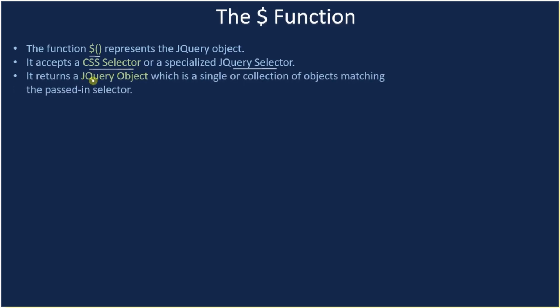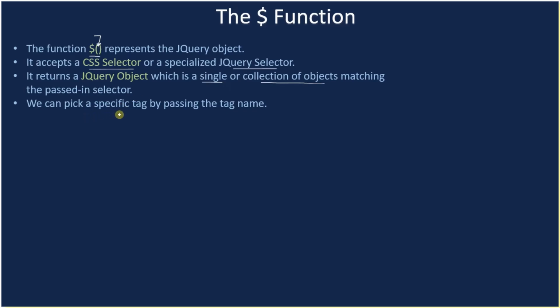So the dollar function returns a jQuery object, which is a single or collection of objects based on the matching passed in selector. Right, here to this dollar function, you can pass a CSS selector or a jQuery selector, and jQuery will perform matching. It will walk through the DOM tree and perform matching. Based on the matched object, it will return a single or a collection of DOM tree objects.